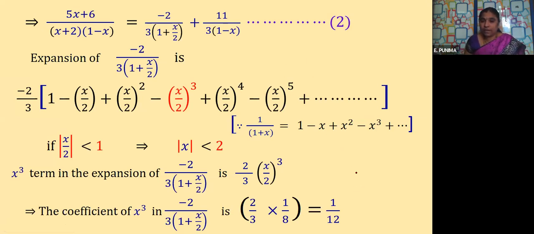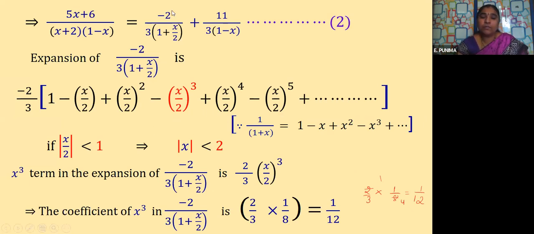Well, I'll just write it here, children. That same calculation I am doing here. 2 by 3 into 1 by 8. Okay. So it is nothing but what? 2 ones are 2, 4s are. It is how much now? 1 by 12. So what is the coefficient of x cube in this term we got? It is 1 by 12 we got.